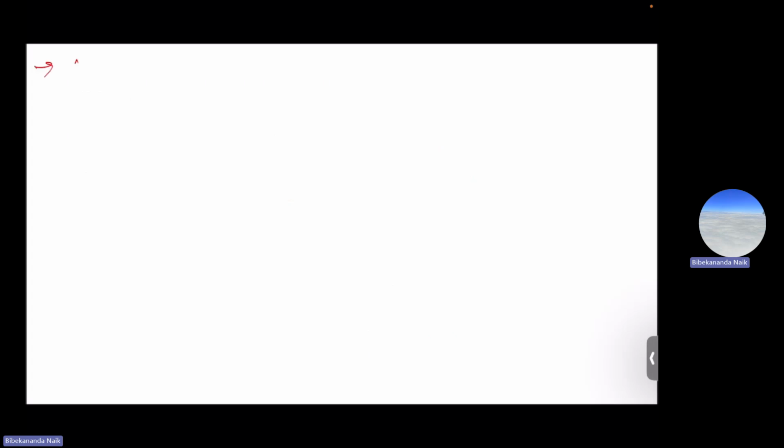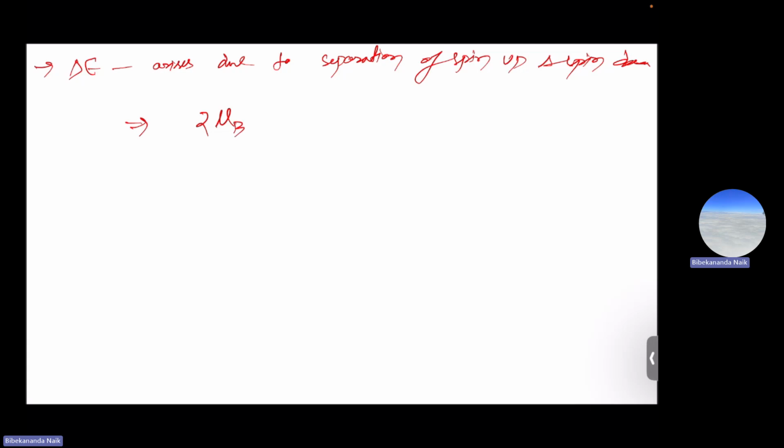So this delta E arises due to the separation of spin up and spin down. And we know the separation is 2 mu B into B. How is the separation coming?